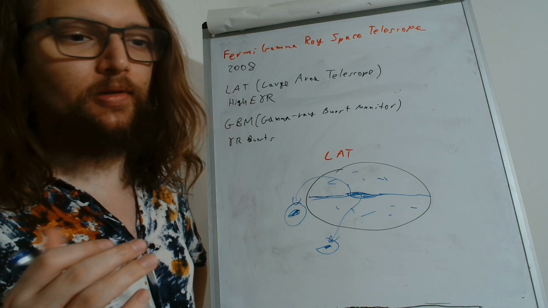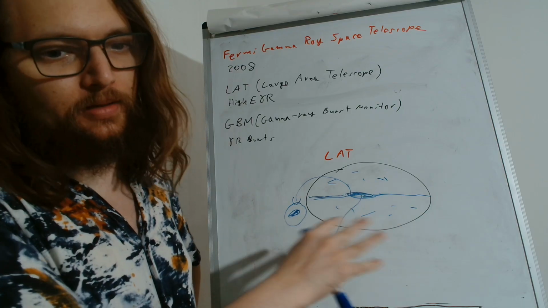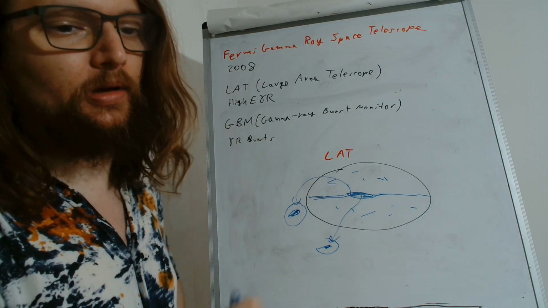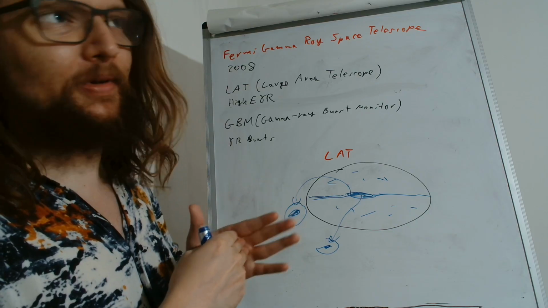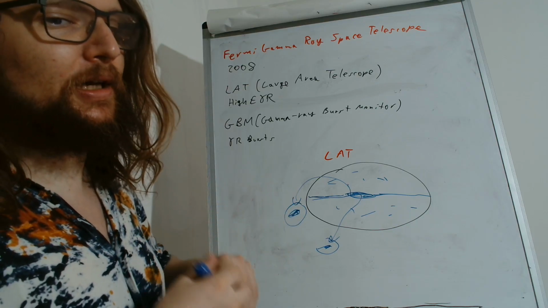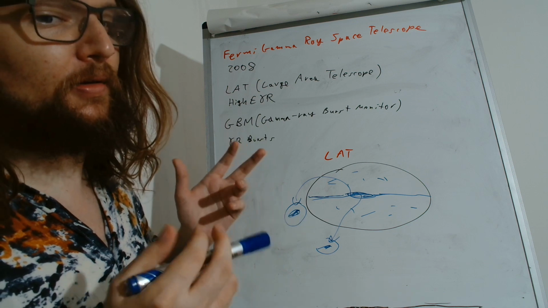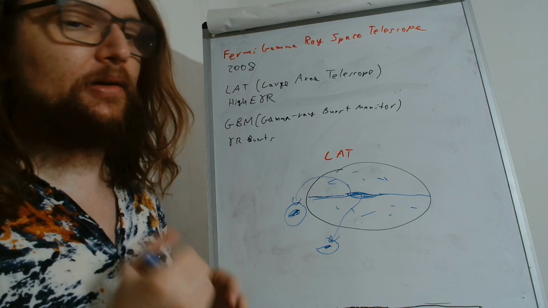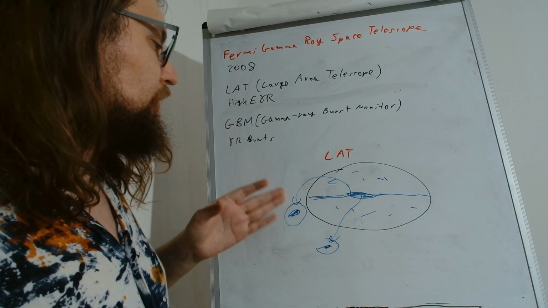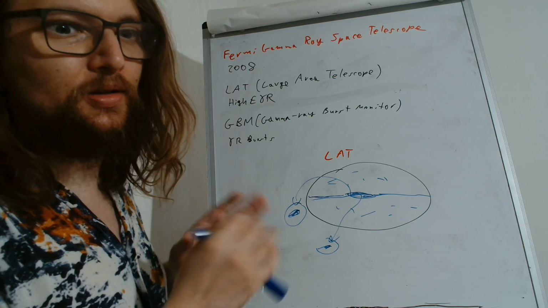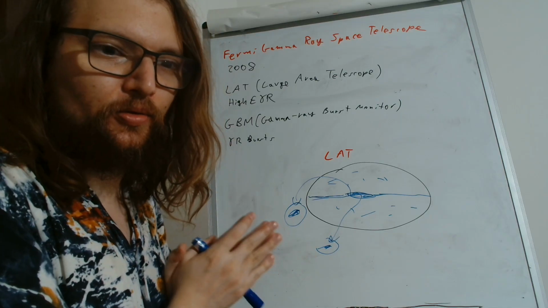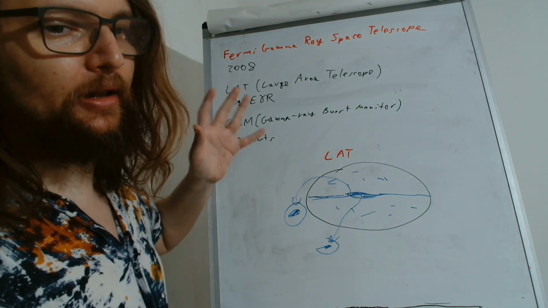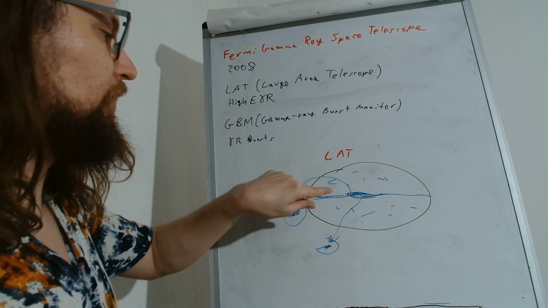Identifying individual acceleration sites is not easy with simply a picture because of the diffuse gamma ray background. So protons colliding with the microwave background, and electrons which also collide with microwave backgrounds. In order to identify the individual sources, you must take into account the diffuse gamma ray background, and this can be done by knowing the properties of the galaxy.